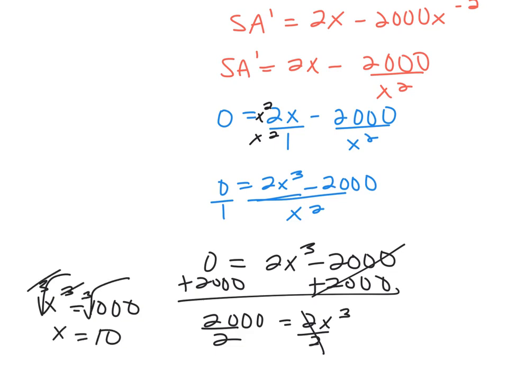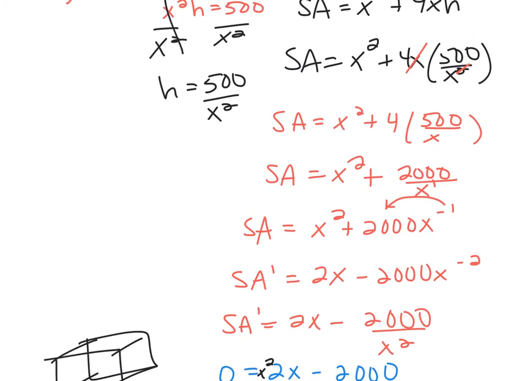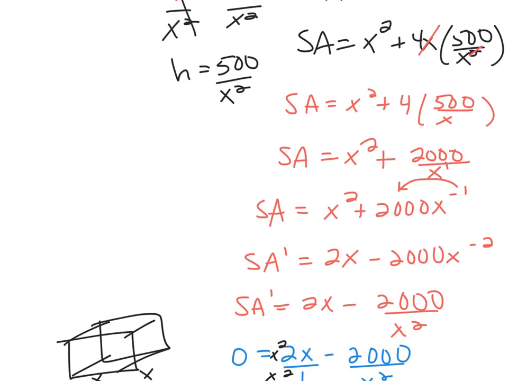So the question's asking you to find the dimensions in order to create an acceptable aquarium with the least amount of glass. Again, your picture looks like this. Your bottom is square, so x by x. So my width is 10 and my length is 10. You just need to worry about getting your height. And your height is going to come from that formula that you found all the way up here, the 500 over x squared.